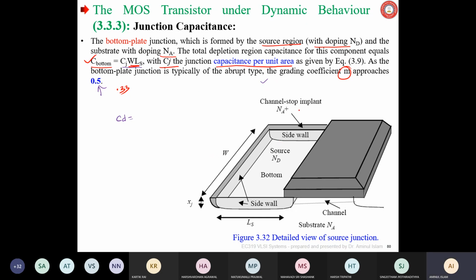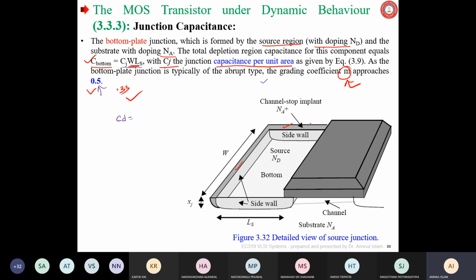Okay. Now you are talking about here the grading coefficient. Grading coefficients may be 0.5 or 0.33. 0.5 is an abrupt junction. Abrupt means one side is heavily doped, other side is lightly doped. That is not the case for the side wall. For the side wall, this and this and this side also, front side also.